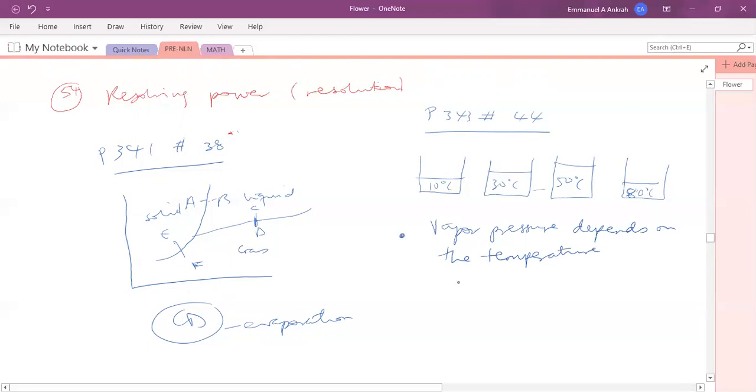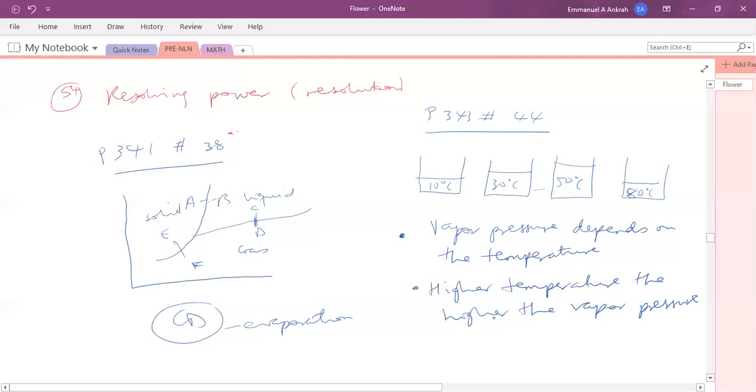All right, so the higher the temperature, the higher the vapor pressure. Okay. All right, so lower temperature, lower vapor pressure.